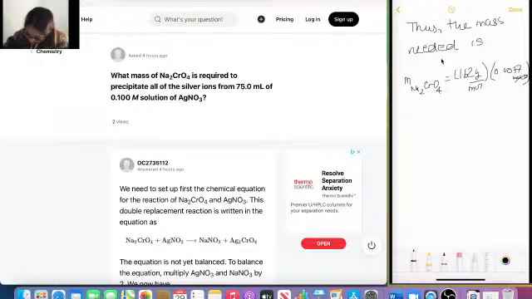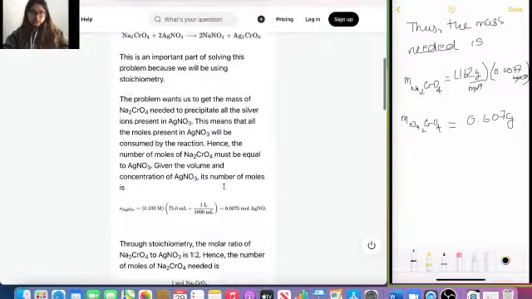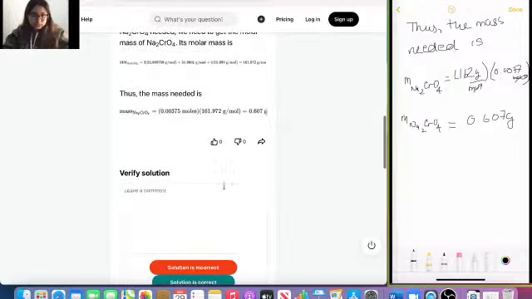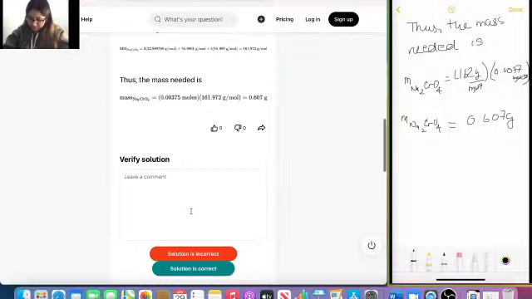Your moles get cancelled out, and you basically get 0.607 grams of Na2CrO4. Okay, this is the mass needed. So yes, this is what I have got.